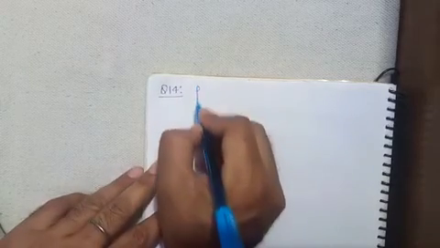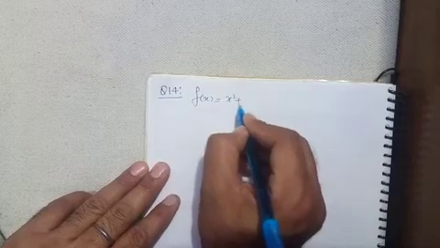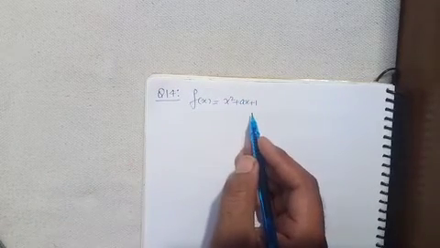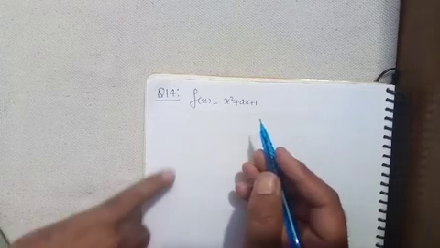For what values of a is the function f given by f x equal to x square plus a x plus 1 increasing on the interval 1 to 2? It means the given function f x equals x square plus a x plus 1. Find out the possible values of a for which the function is increasing on the given interval 1 to 2.